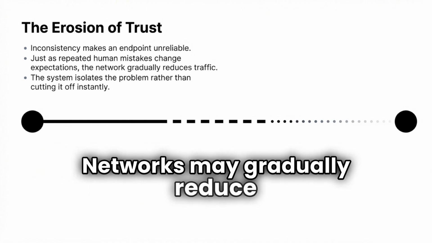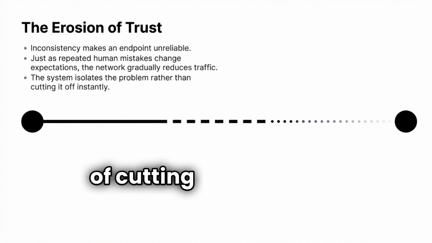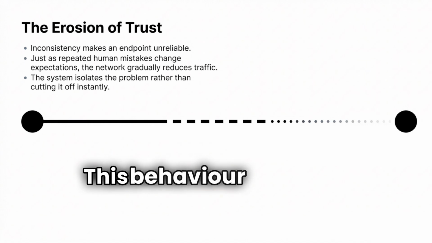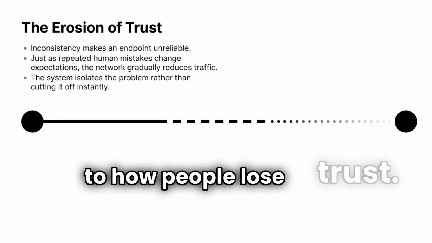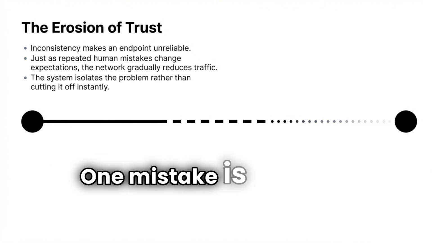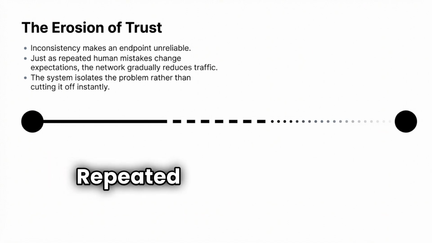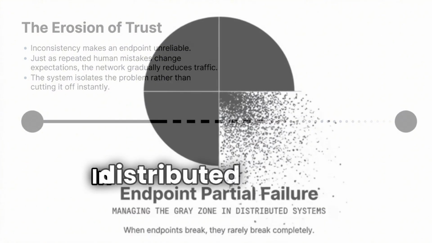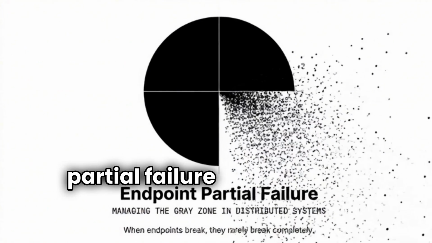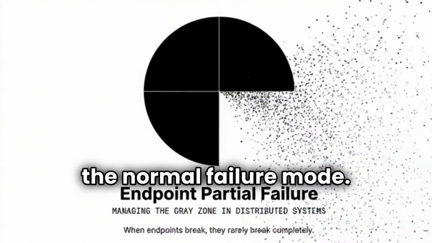Networks may gradually reduce traffic to it instead of cutting it off entirely. This behavior is similar to how people lose trust. One mistake is tolerated. Repeated inconsistencies change expectations.